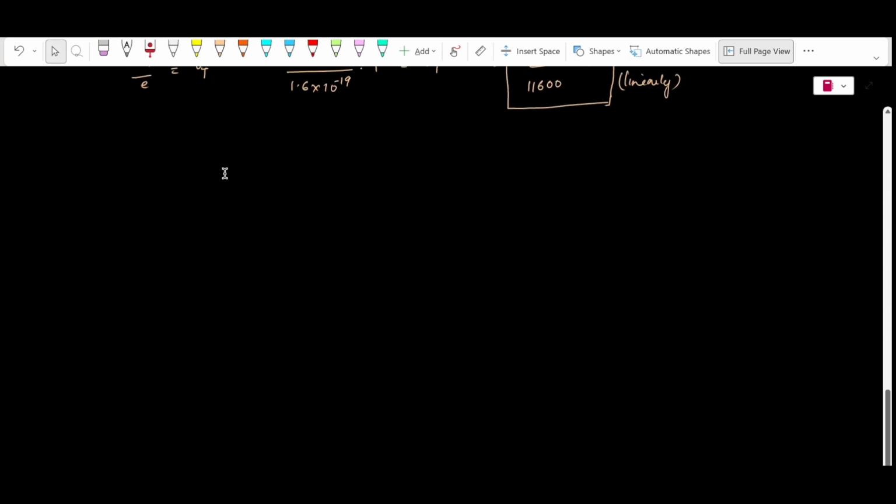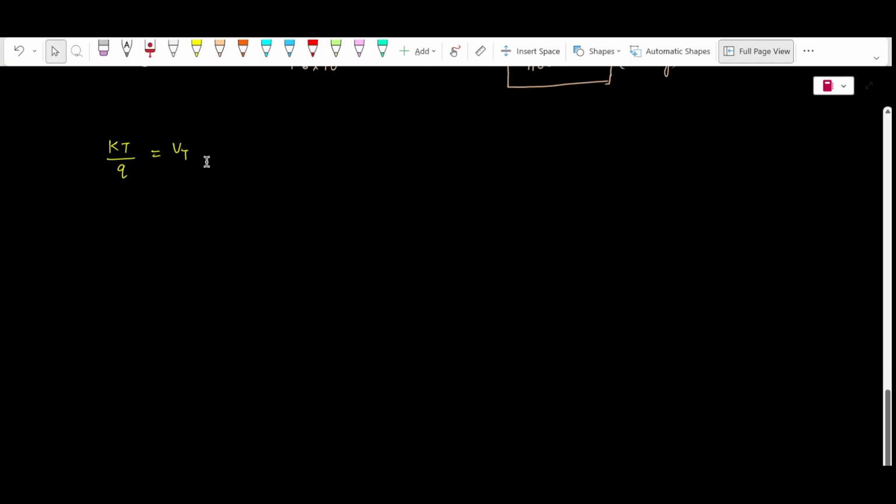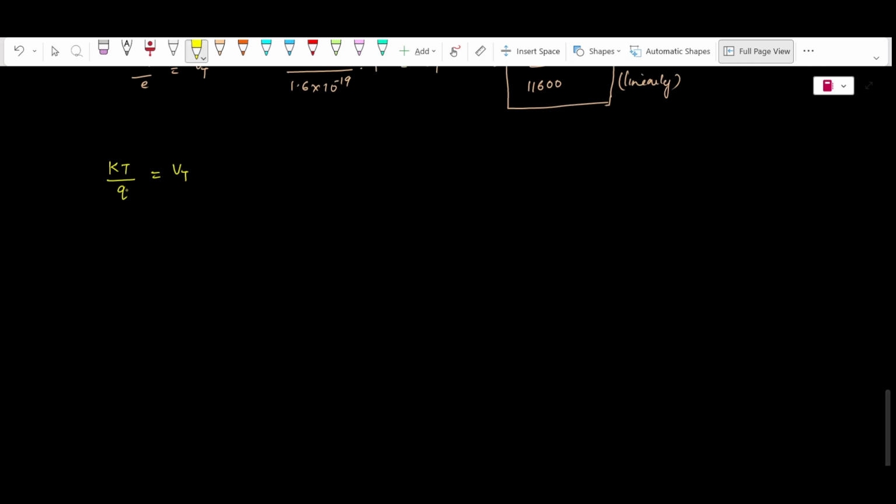Now, moving further, kT by Q is my Vt, because I just took this to the other side. So kT by Q is equal to Vt, and this expression is very much essential.